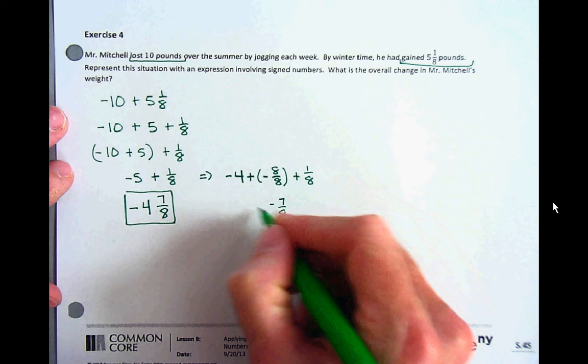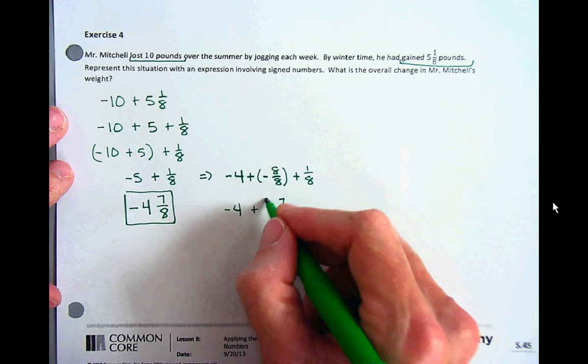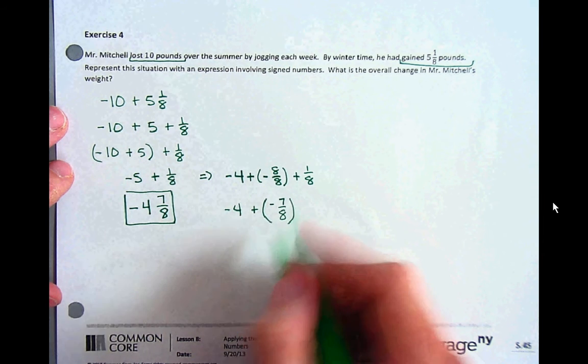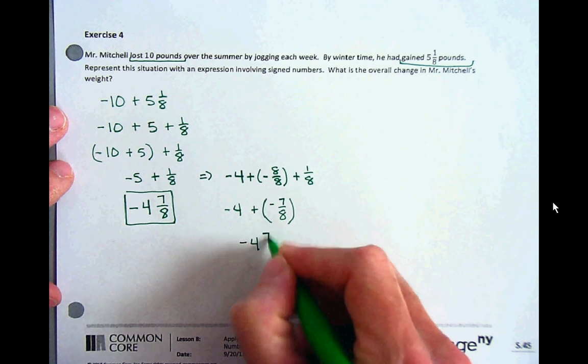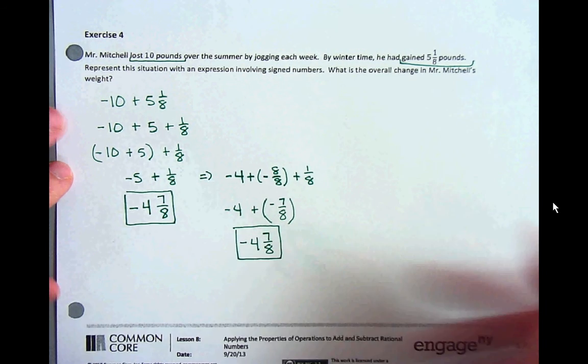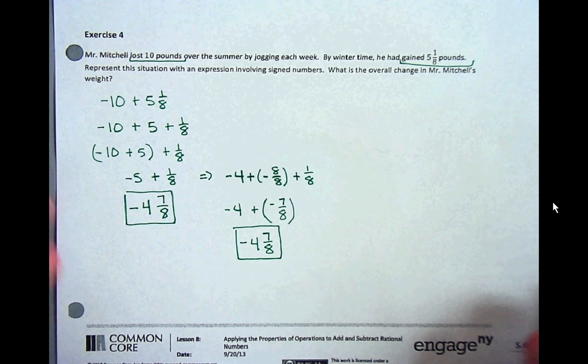And then we have minus 4. Now we can put these together. Minus 4 and a minus 7/8, because they're both going to the left, is minus 4 7/8. So either way you want to do that is fine. Okay, but at least you've got some tools to help you make this into an easier problem.